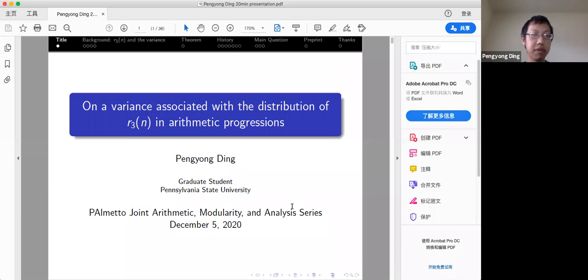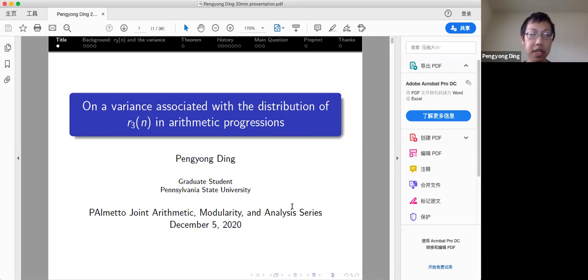Today I'm going to talk about the variance associated with the distribution of R3 of n in arithmetic progressions. This question is a conjunction of two questions.